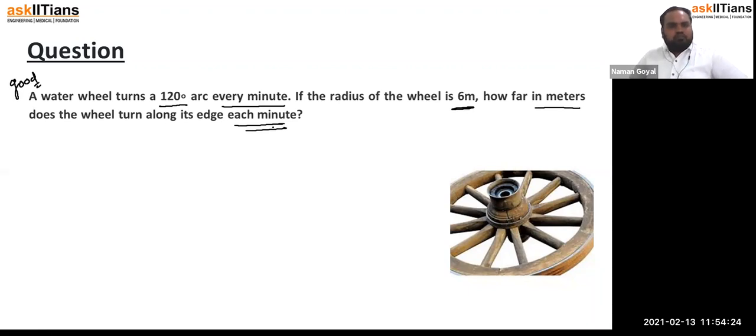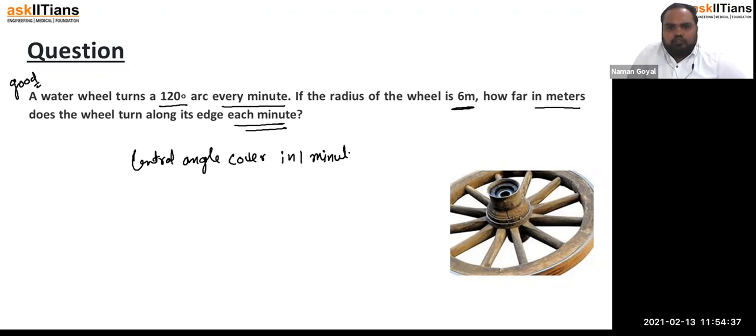Okay. So the central angle covered in 1 minute is what? 120 degree. Radius of the wheel is what? 6 meter, isn't it?